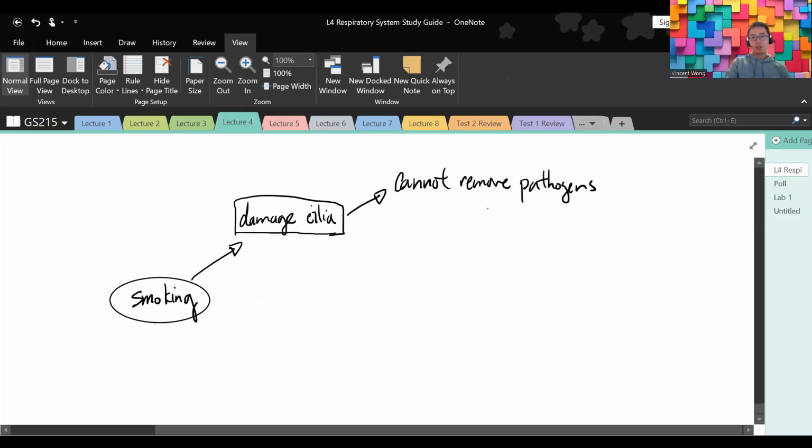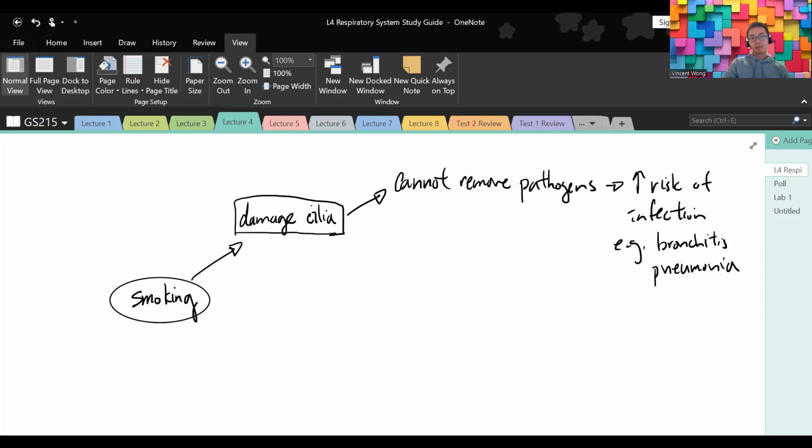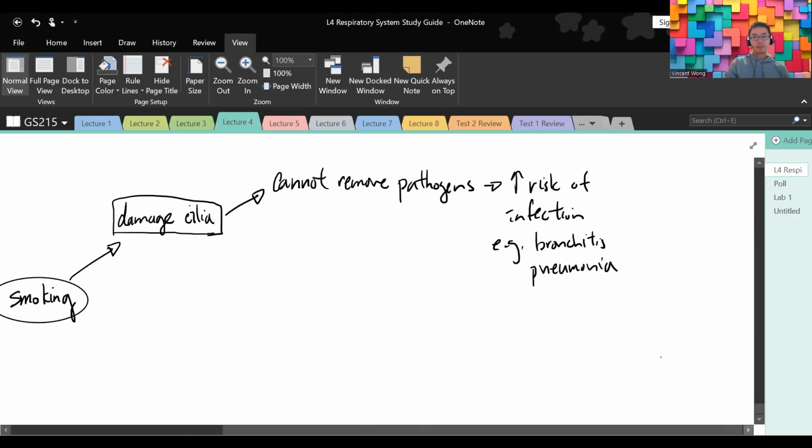And so that would result in increased risk of infection, e.g. bronchitis, pneumonia.